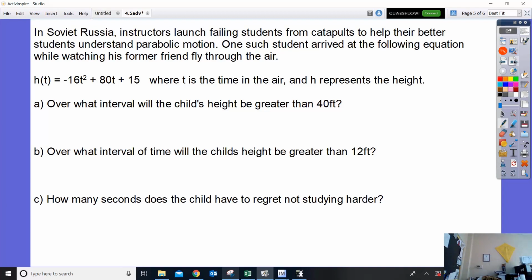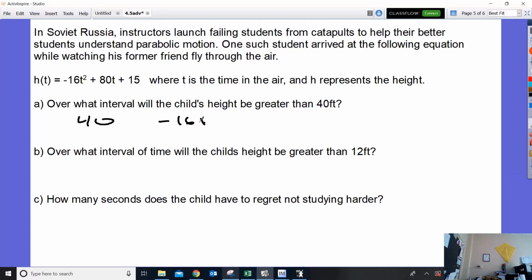So I can replace h of t with 40, right? I do need to be thinking about my symbolism here. This is a fixed number, 40. This represents the height of the kid.